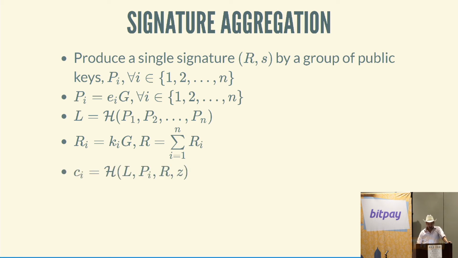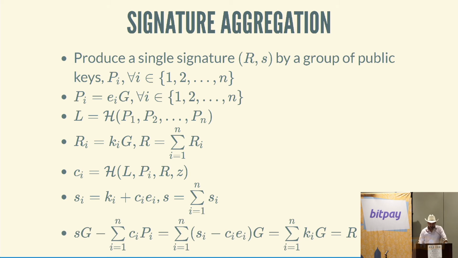And finally, c sub i is this hash commitment to L, which is a commitment to every single one of those pub keys, along with this particular pub key, R, and z, which we know is needed as part of the signature algorithm. The actual s sub i that makes everything work is k sub i plus c sub i e sub i. And the little s ends up being the sum of all of the s sub i's.